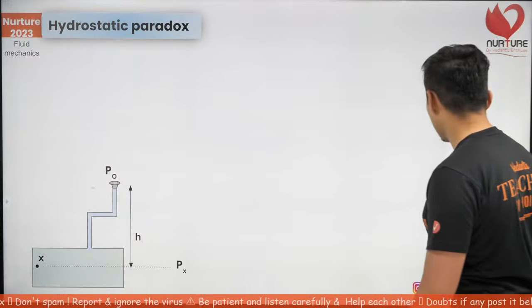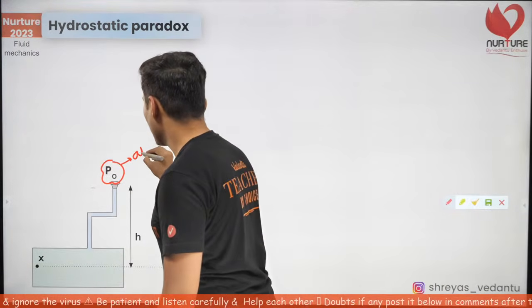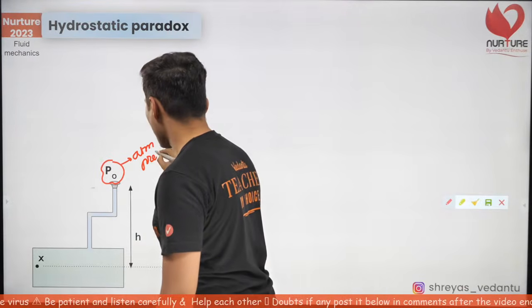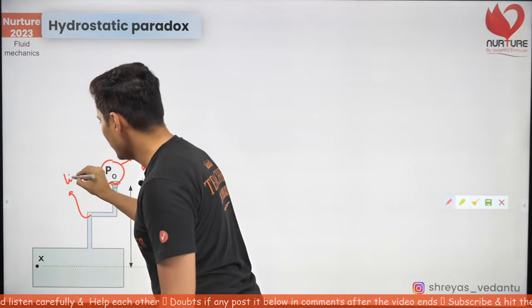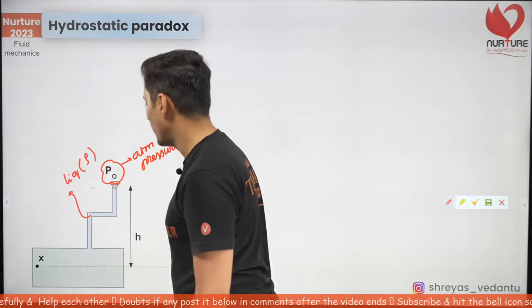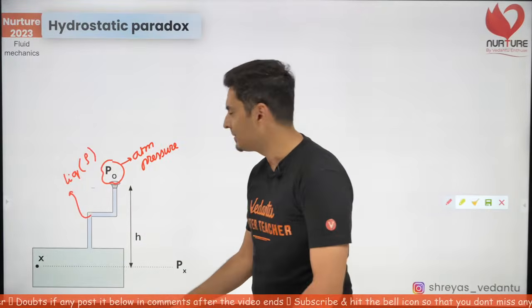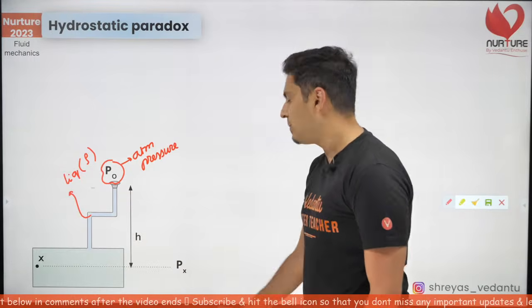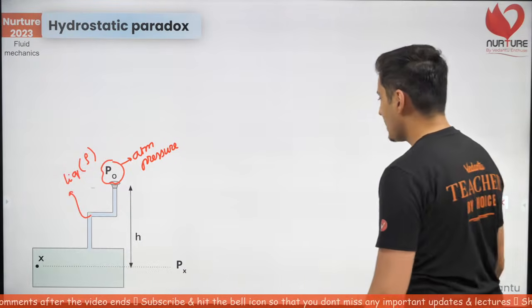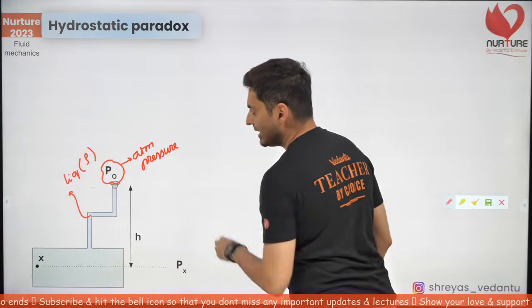There is liquid inside this of density rho. You see that there is a tank here, it could be any random shape, and there is a point X, and at that point X I am asking you to find the pressure. That point X is at a depth h below this level.